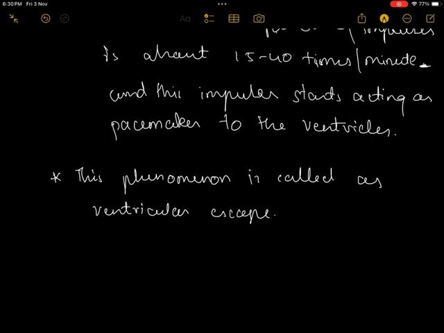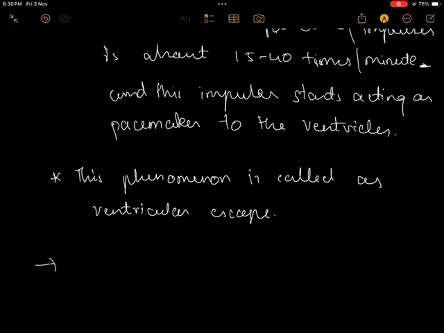Now coming to the most important point: there will be a decrease in heartbeat whenever the patient has third degree blockage, and due to the decrease of heartbeat, less blood is supplied to the systemic circulation and even to the brain.